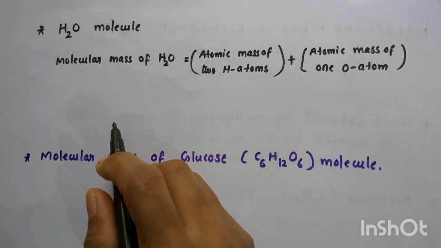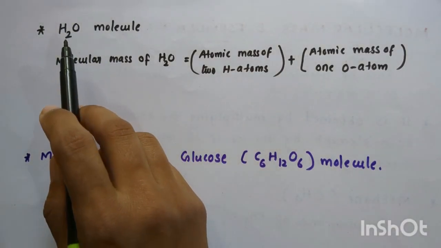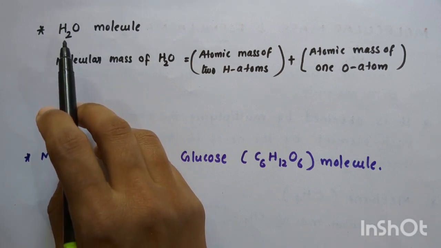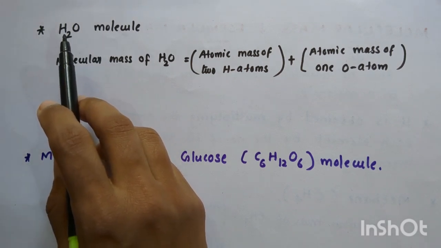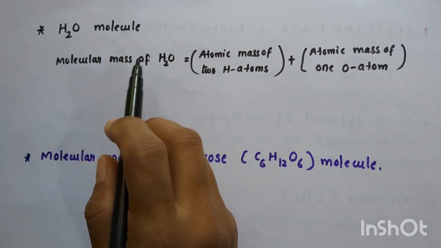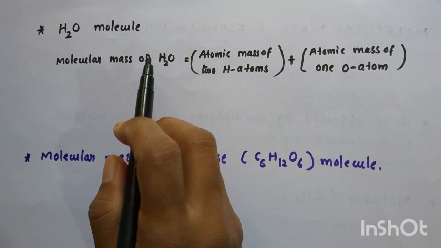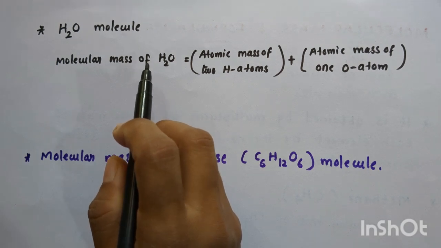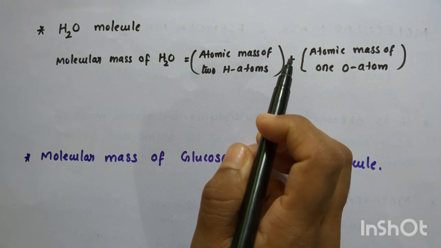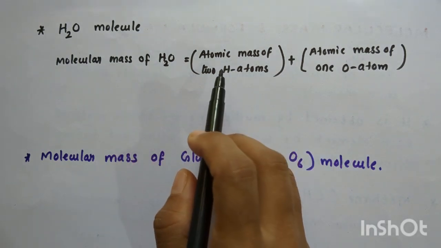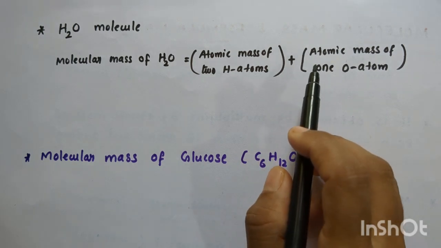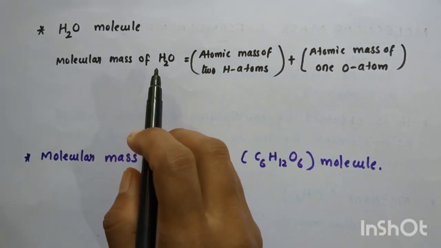Now, let us consider the example of the water molecule, H2O. In H2O, there are 2 hydrogen atoms and 1 oxygen atom. How can we find the molecular mass of water? Molecular mass is the sum of atomic masses of the elements present in a molecule. So the atomic mass of 2 hydrogen atoms plus the atomic mass of 1 oxygen atom will give the molecular mass of water.